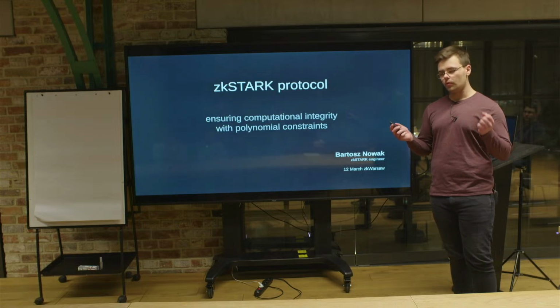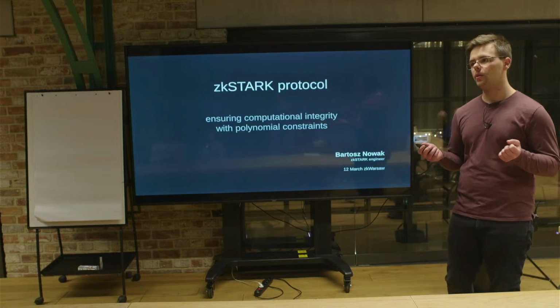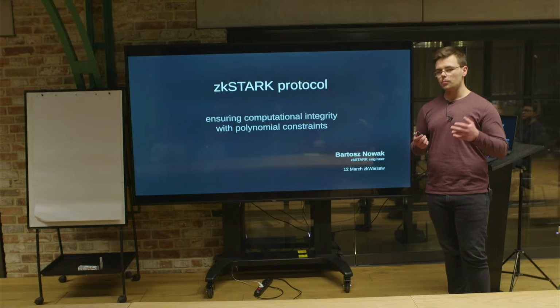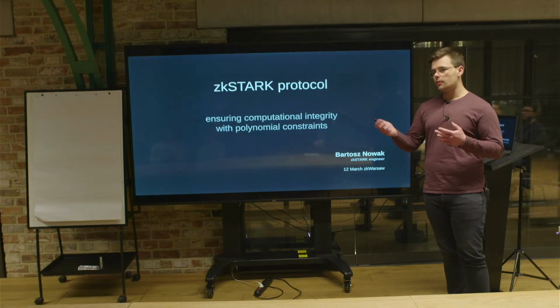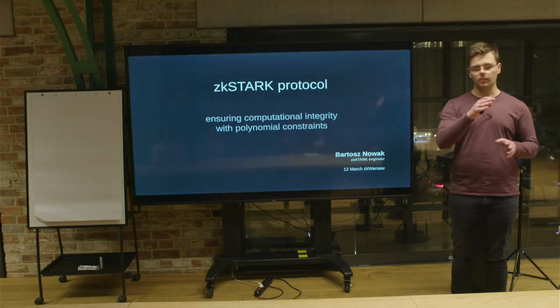Because in the zk space we've got a prover and a verifier. The verifier is really skeptical about the prover's statements, and what the prover needs to do is prove to the verifier the computational integrity of the program he ran before.